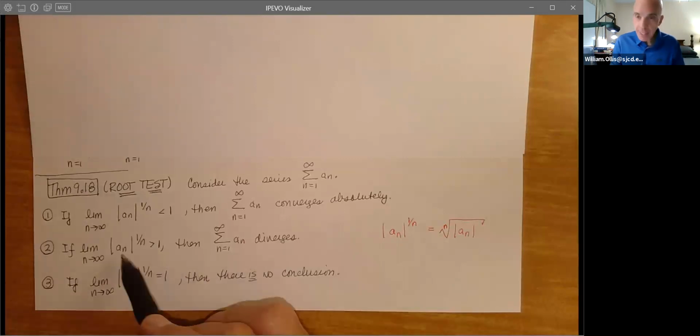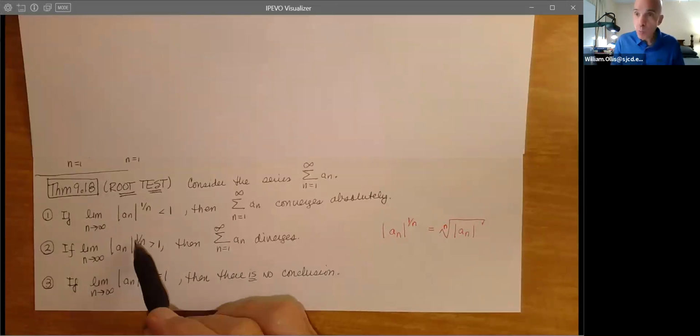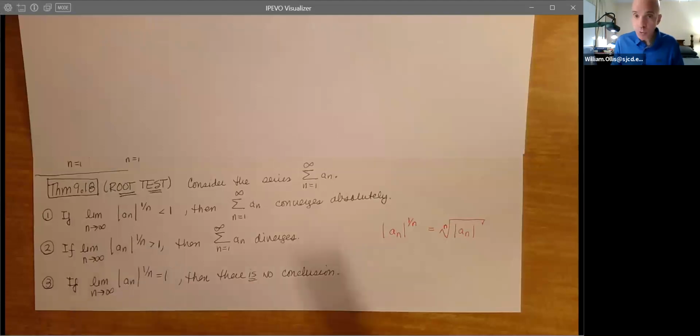If the limit as n tends to infinity of the absolute value of the generating sequence to the 1 over n power, the nth root, like here, is greater than 1, then divergence by the divergence test. And then lastly, the same song and dance, you can compare the same kind of series that we did before. If the limit is 1, then there is no conclusion. So then you would have to try something else.